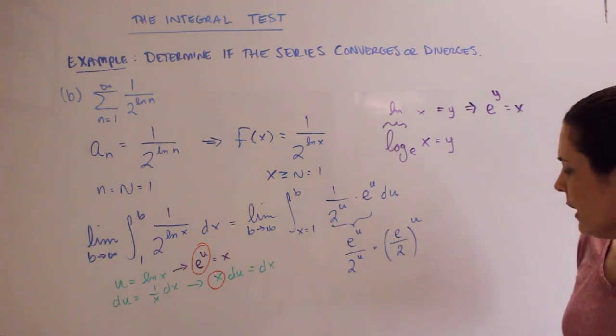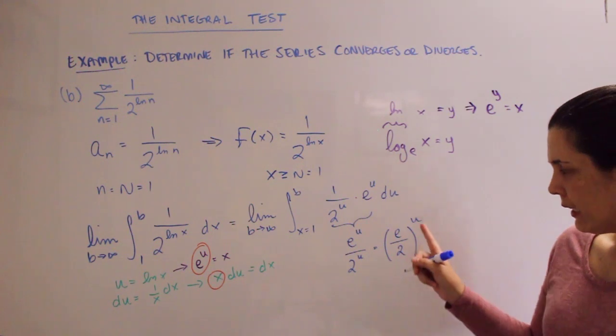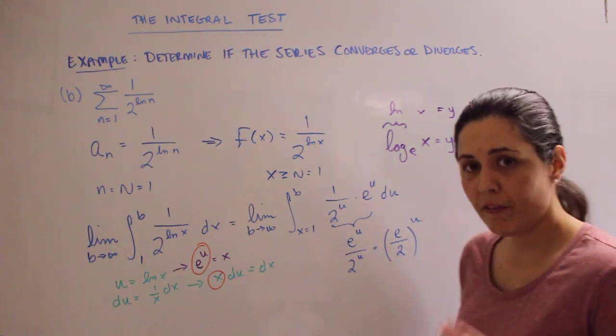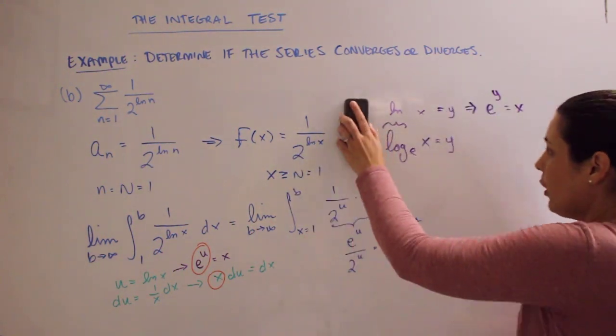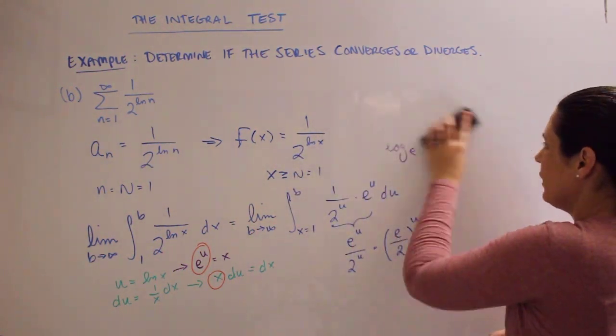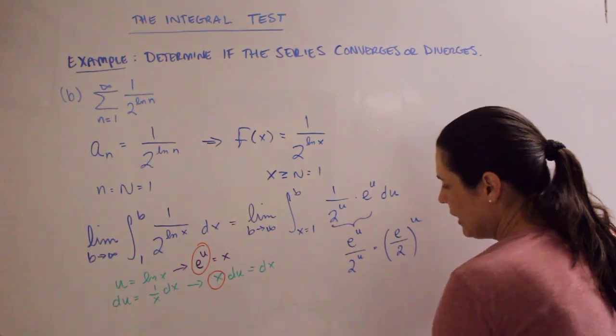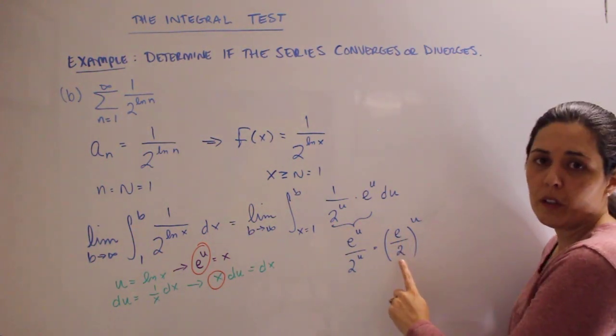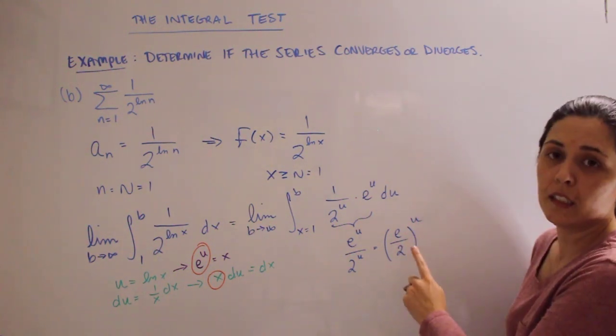And now, let me remind you what happens here. Let's recall some facts from Calculus 1 really quick. Notice what you're doing: you're integrating this, and this is not base e anymore. This is base e over 2.